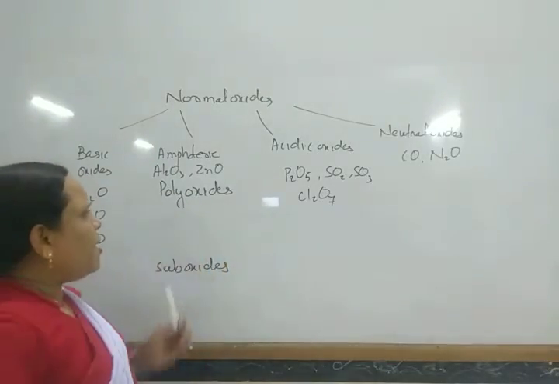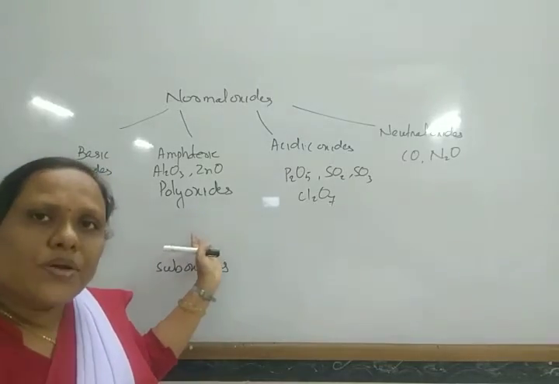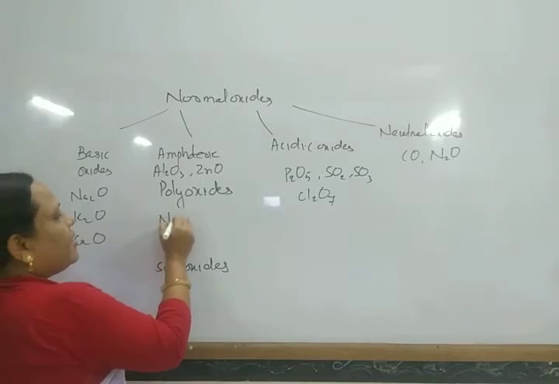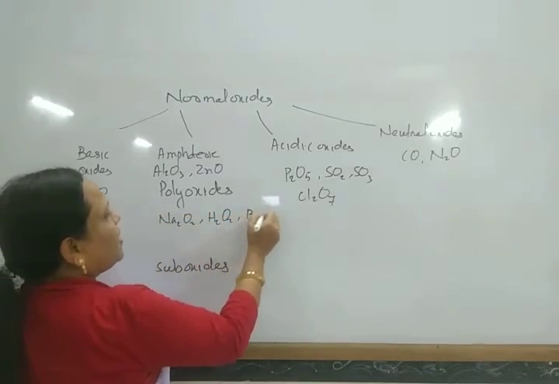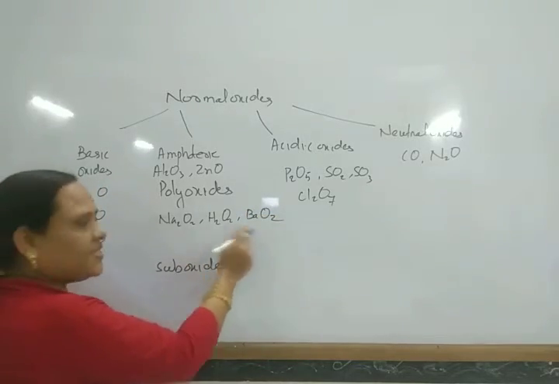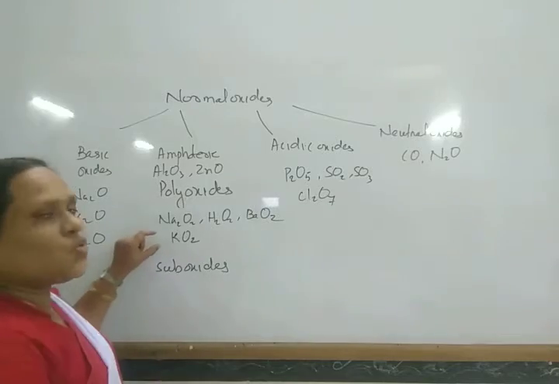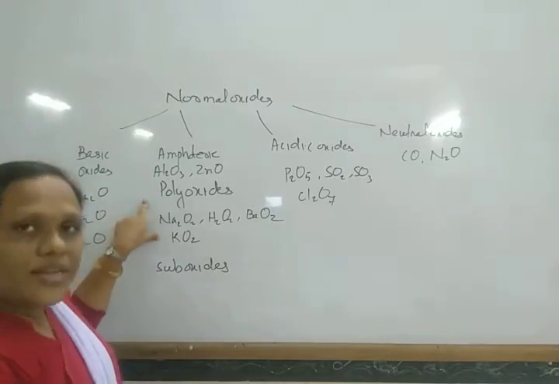So peroxides and superoxides are this type of oxides, like Na2O2, H2O2, BaO2. These are peroxides. KO2 is a superoxide. So these are known as polyoxides.